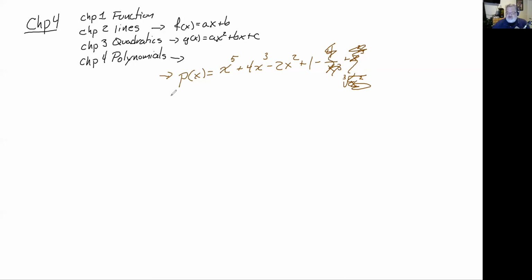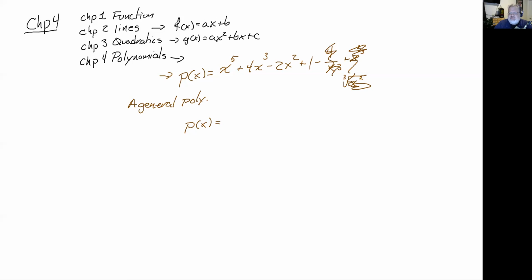We'll often see a general polynomial written out in a way that can be a little bit strange at first.